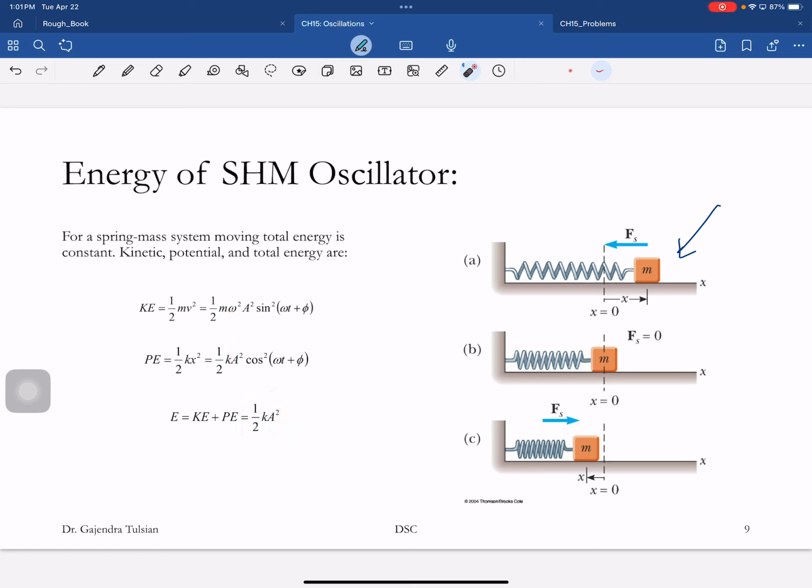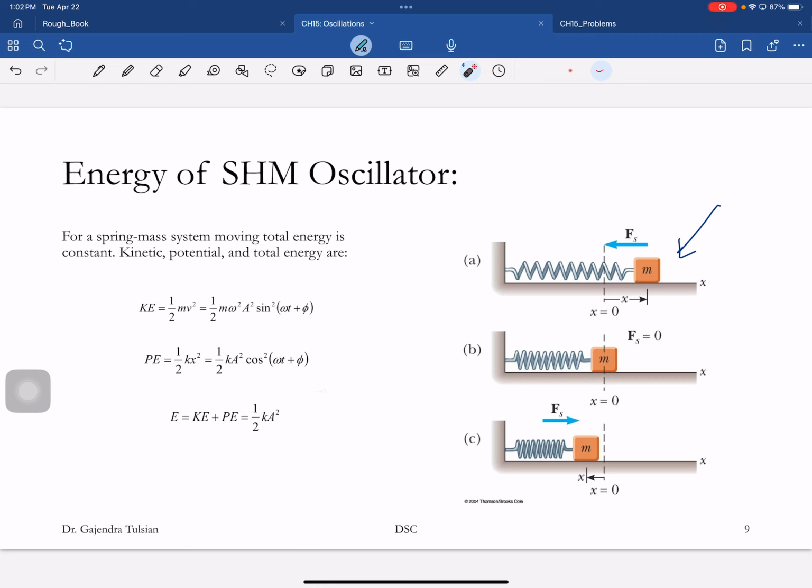So the total energy, which is kinetic energy plus potential energy, is 1/2 ka squared. No matter where the object is, its energy is constant and it's equal to that. So the total energy of this oscillation is 1/2 ka squared.